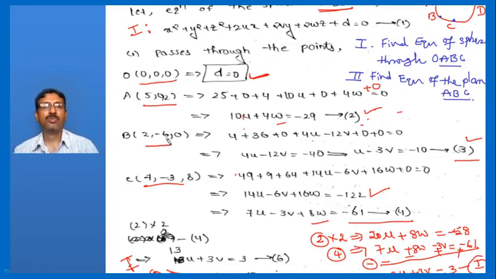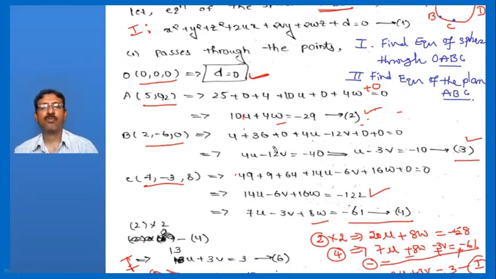Similarly, substitute B, 2, minus 6, 0 in equation 1. We get x square 4, y square 36, z square 0, 2ux that is 4u, 2vy where v is minus 6, w is 0, d is 0.